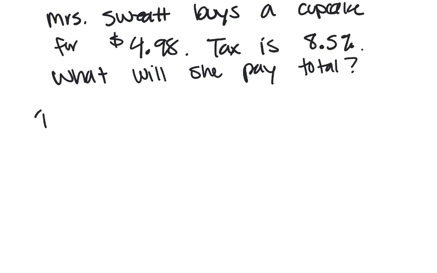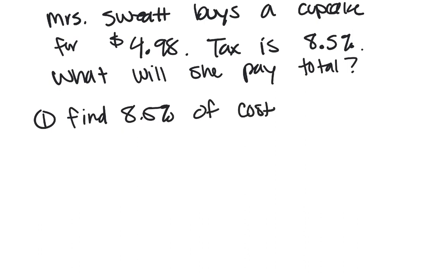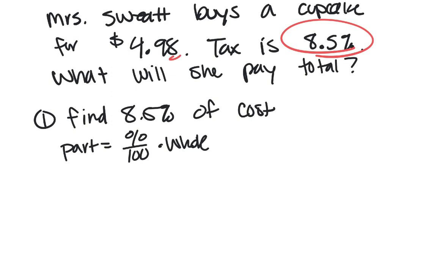So the first thing we want to do is find 8.5% of the cost. So my formula is that the part is equal to the percent divided by 100 times the whole. My percent has a percent sign, so that's 8.5.